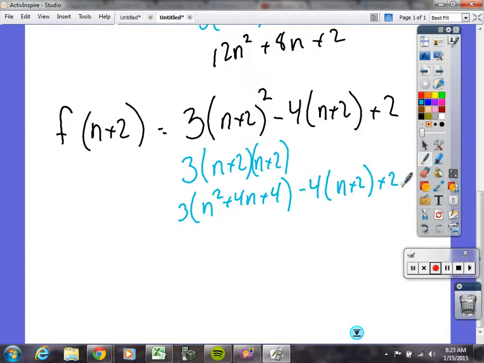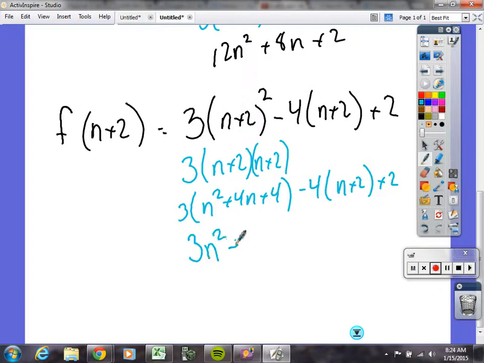Okay? Remember, do not distribute just the squared through the 2. You've got to understand this is a binomial times a binomial. And then last but not least, we just distribute our numbers through.